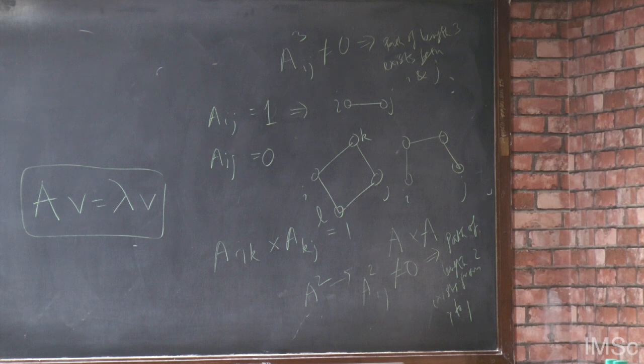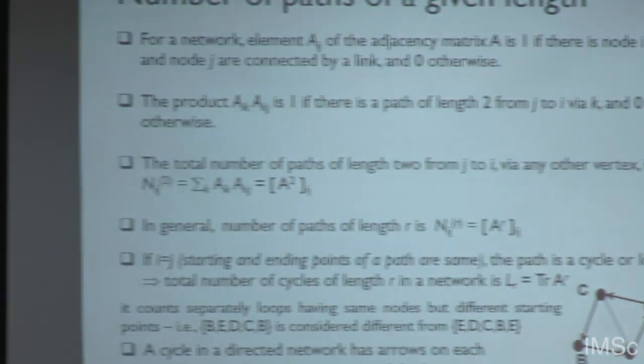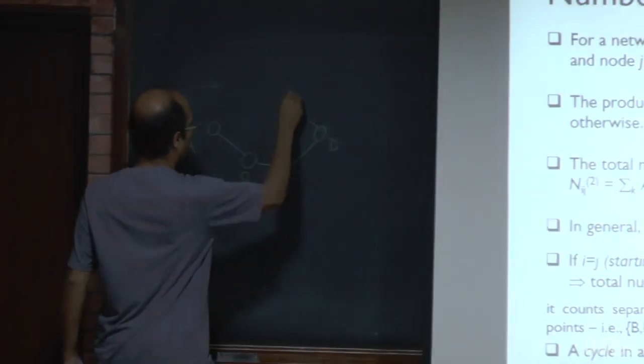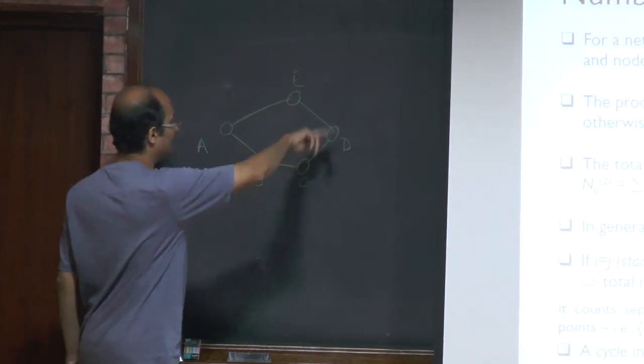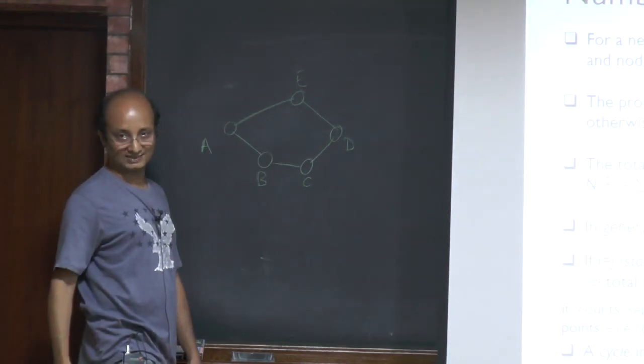So this also helps me to count the total number of cycles in the network. Why? So what are cycles? Cycles mean that you start from a node and then following some path you actually come back. So basically you have a closed loop in the system.